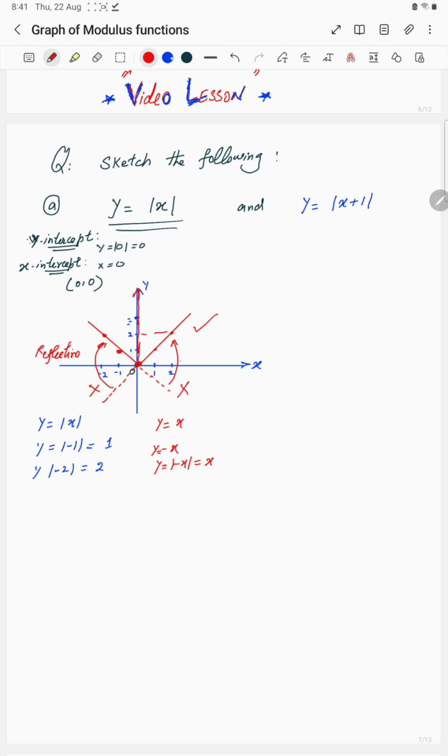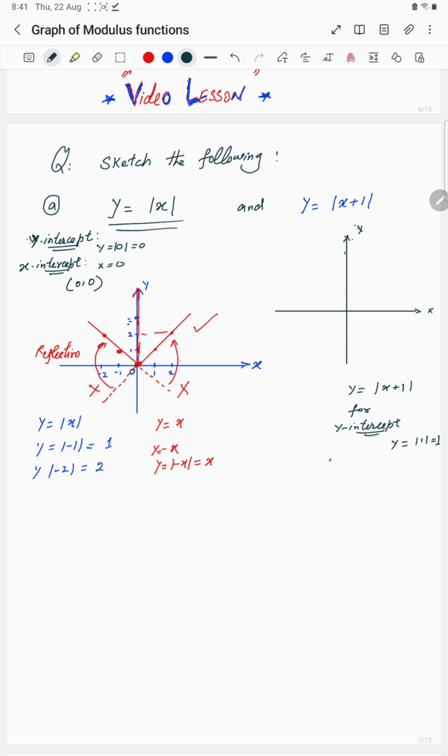Okay, let's go with the second case, y equal to modulus of x plus 1. So we'll draw it. This is the y-axis, this is the x-axis. For the y-intercept, you need to put x equal to 0. So y will be mod 1, which is equal to 1.